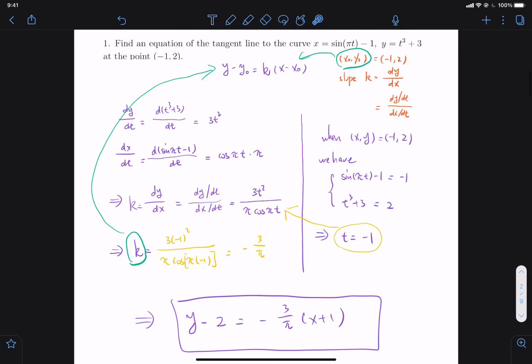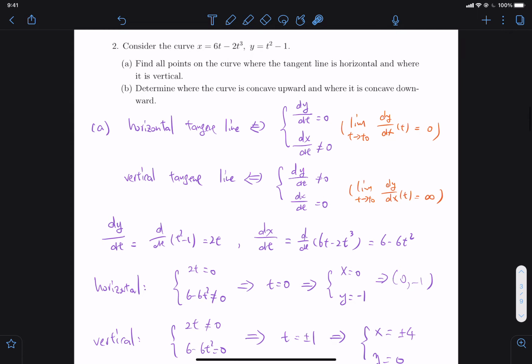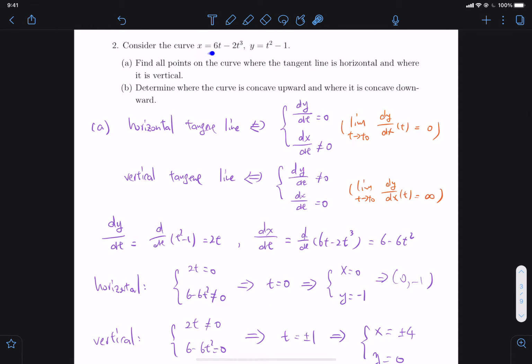Now let's move on to question 2. Consider the curve x equal to this, y equal to that. The first question: find all points on the curve where the tangent line is horizontal and where the tangent line is vertical. Firstly we have to understand what it means for the tangent line to be horizontal.